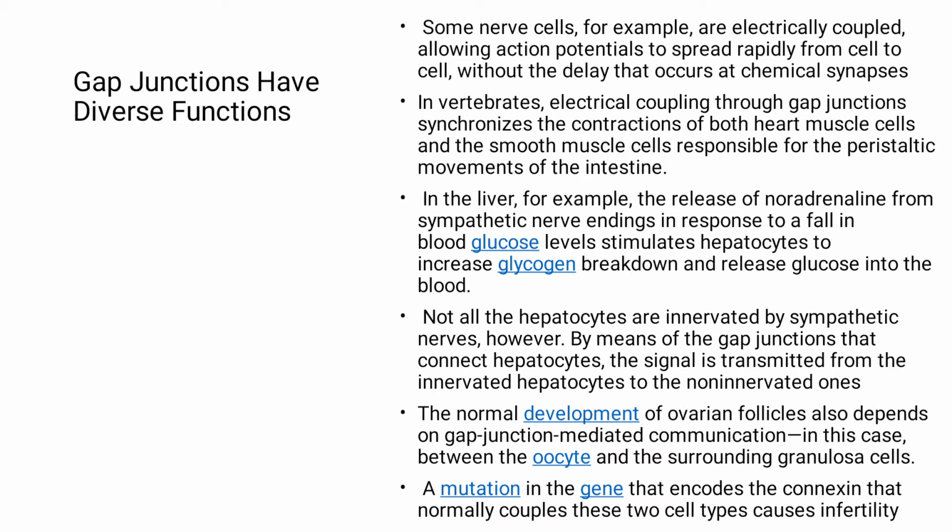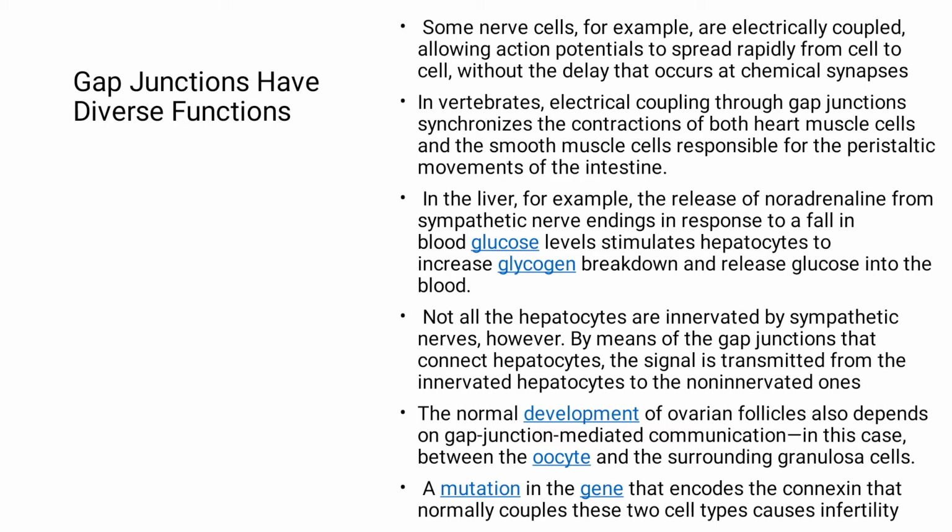In the liver, for example, the release of noradrenaline from sympathetic nerve endings in response to a fall in blood glucose levels stimulates hepatocytes to increase glycogen breakdown and release glucose into the blood. Not all the hepatocytes are innervated by sympathetic nerves. However, by means of gap junctions that connect hepatocytes, the signal is transmitted from the innervated hepatocytes to the non-innervated ones.